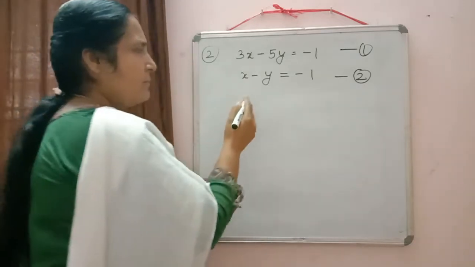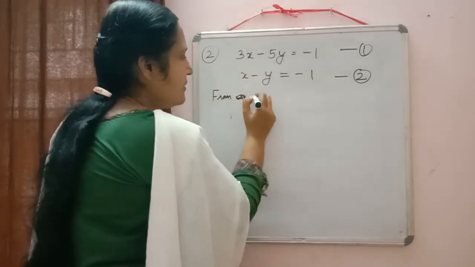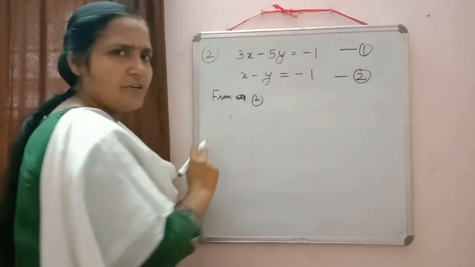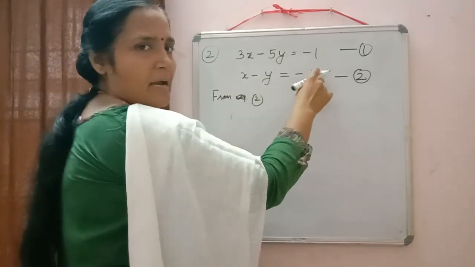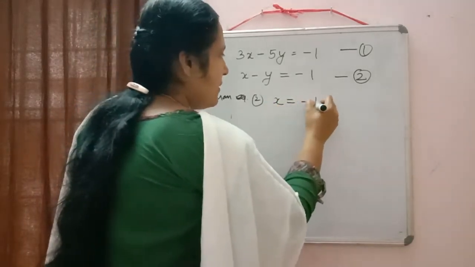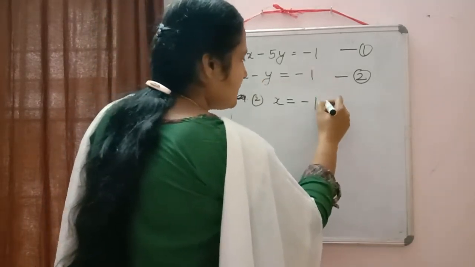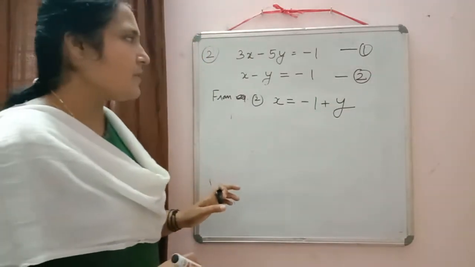So what I am doing from equation 2, this minus y we can shift to right hand side. So minus y will become plus y. So what I am writing from equation 2: x is equal to minus 1 plus y.